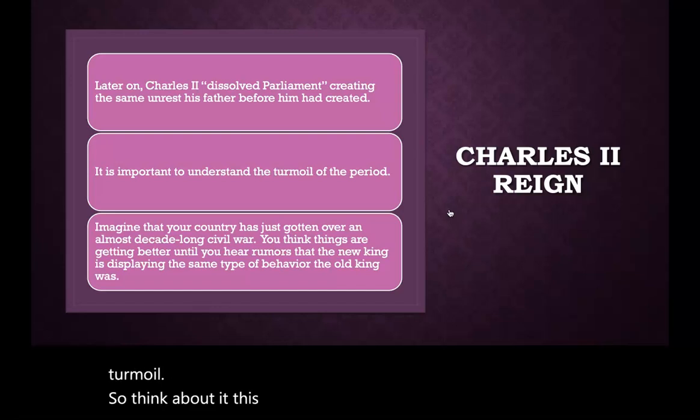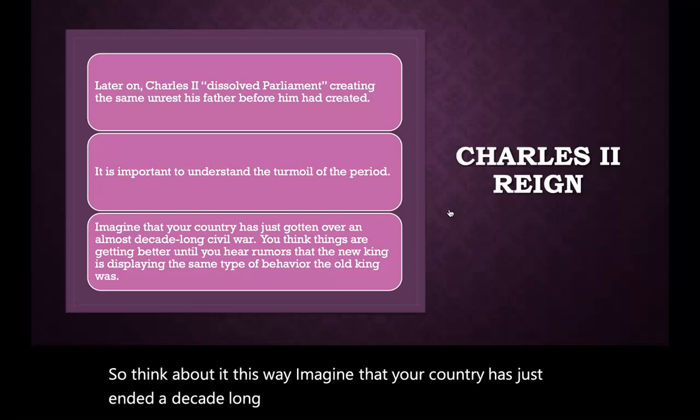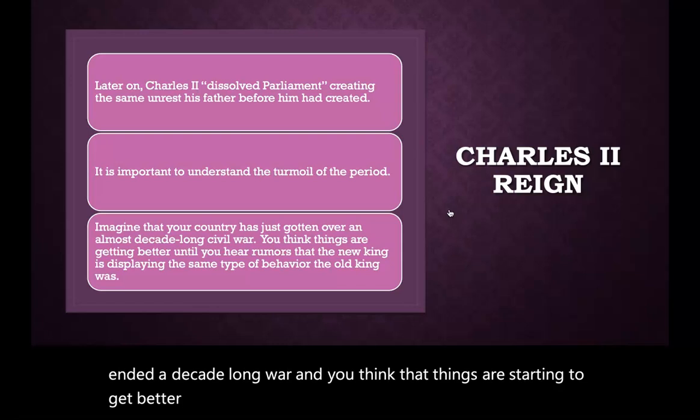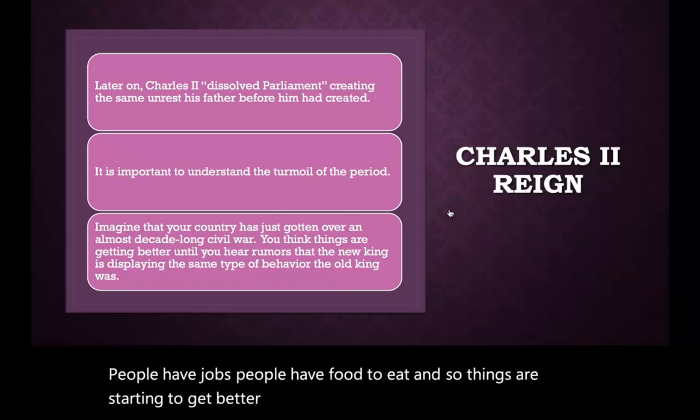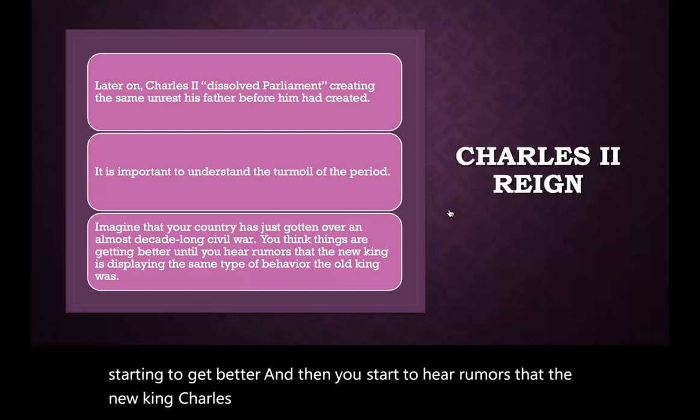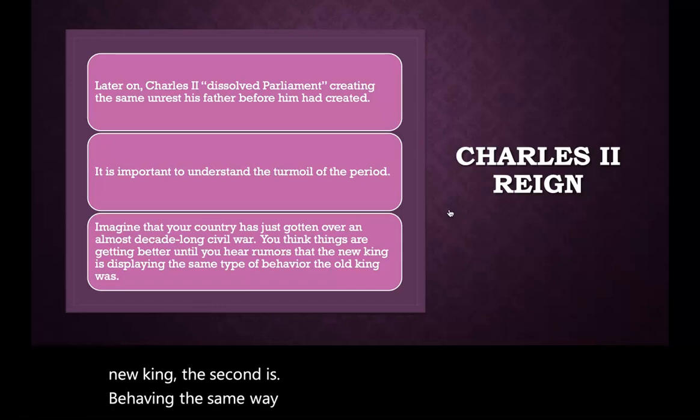Imagine that your country has just ended a decade-long war, and you think that things are starting to get better, the economy's picking up, people are building houses, people have jobs, people have food to eat, and then you start to hear rumors that the new king, Charles II, is behaving the same way that the old king was before the war started.